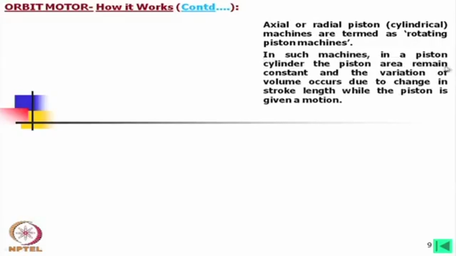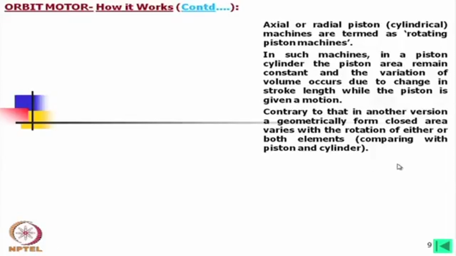In such machines, in a piston cylinder, the piston area remains constant, and the variation of volume occurs due to change in stroke length while the piston is given a motion.